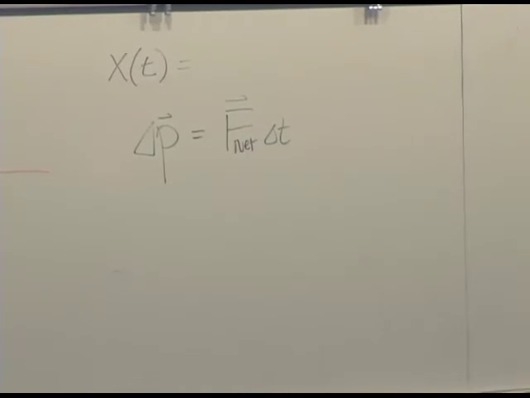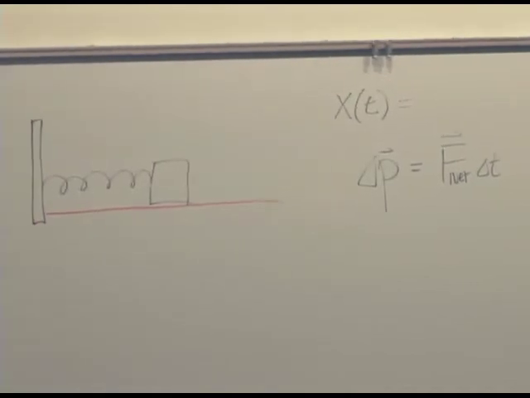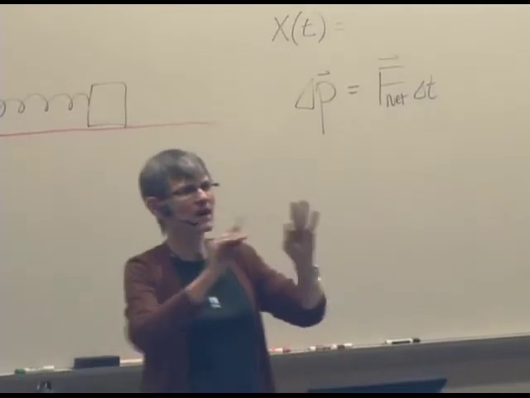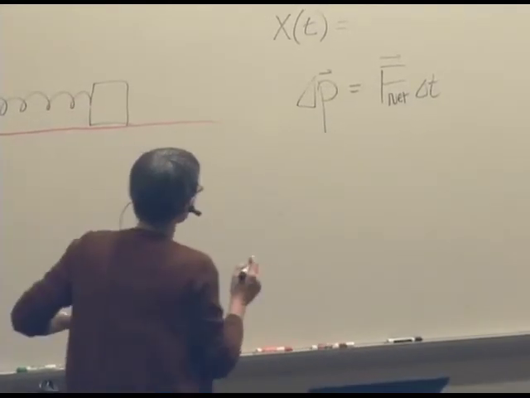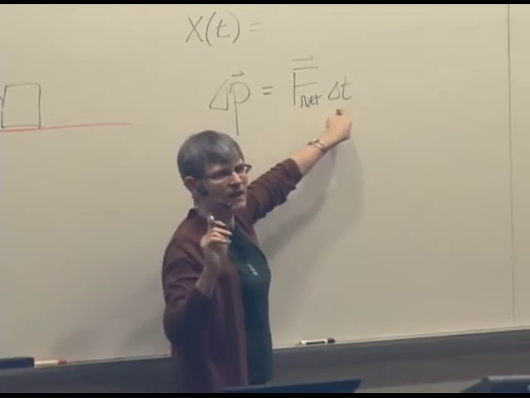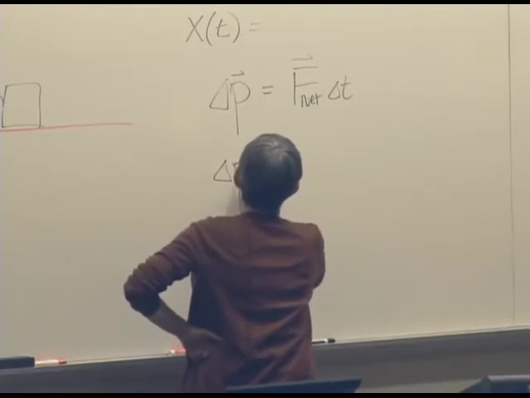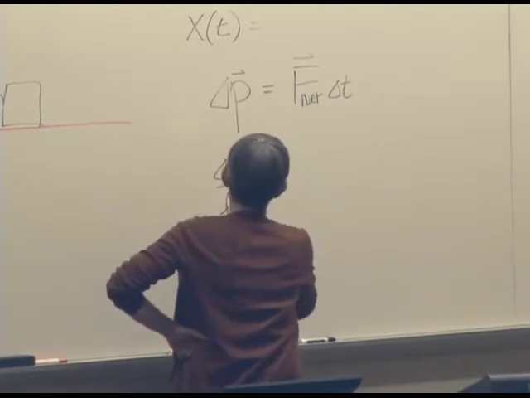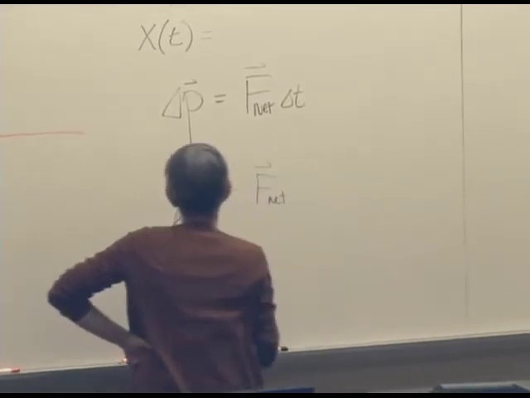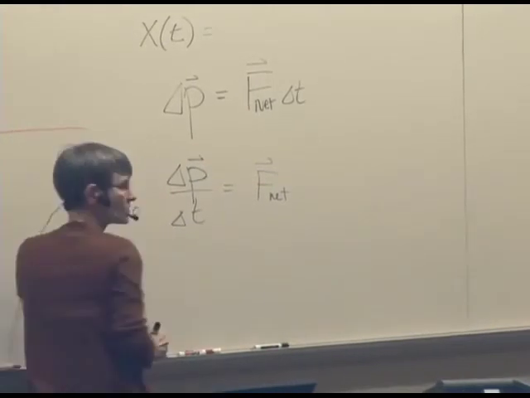This is a case where the force is going to be continually changing as the mass oscillates back and forth. And since we want it as a function of time at any time, we'd like to have this in an expression that gives us instantaneous information. So we're just going to rewrite this as change of momentum, the ratio of delta P to delta T is F net, and then we'll just take the limit as our time interval goes to 0.